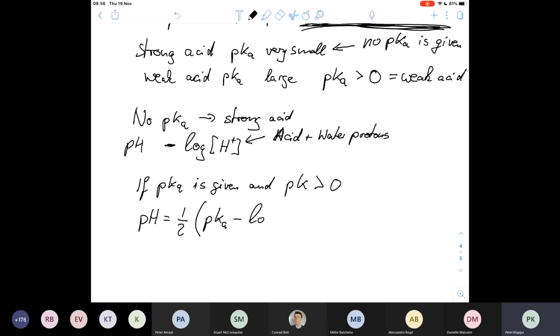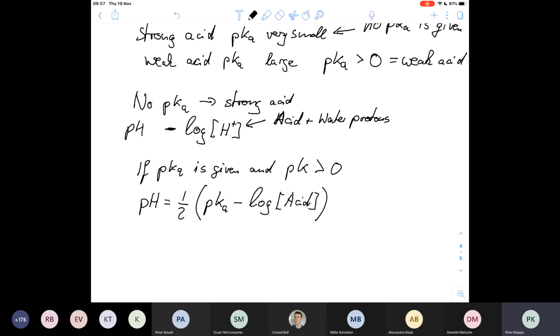Strictly speaking, we need to take the water protons into account, but for the time being, we just leave it like that. So these are the rules.